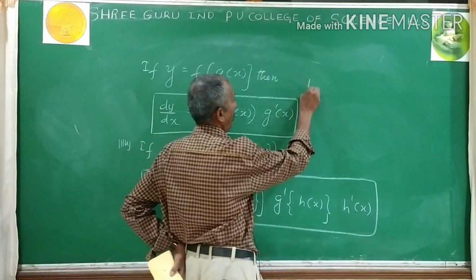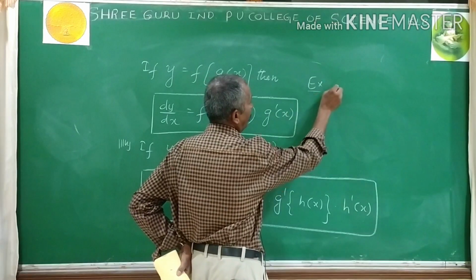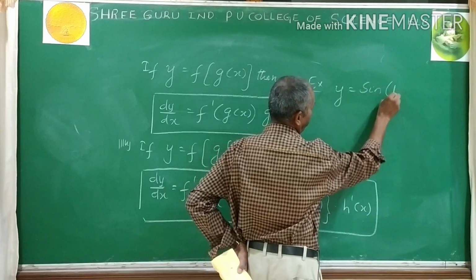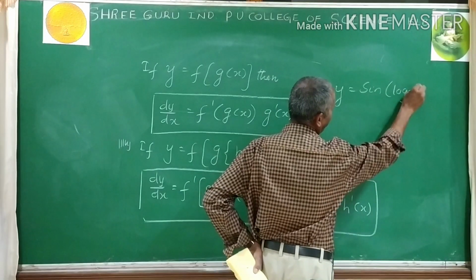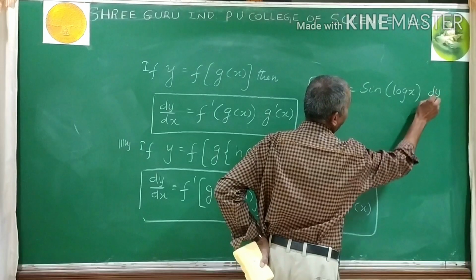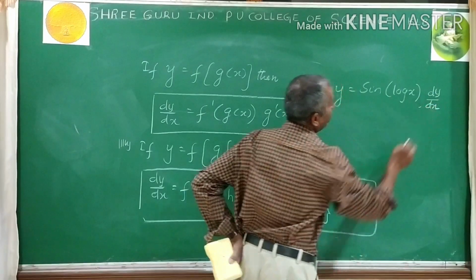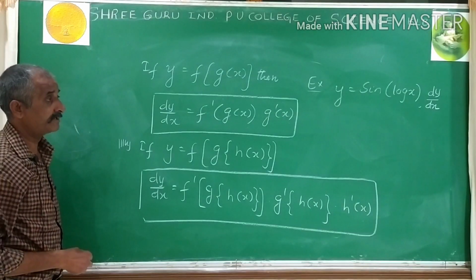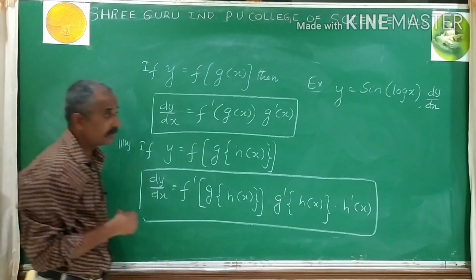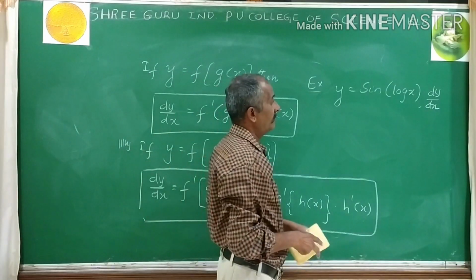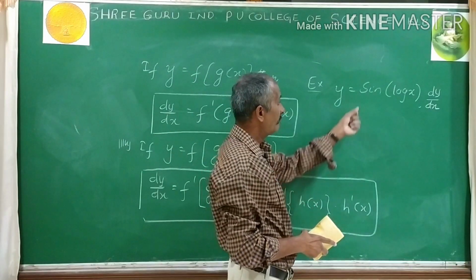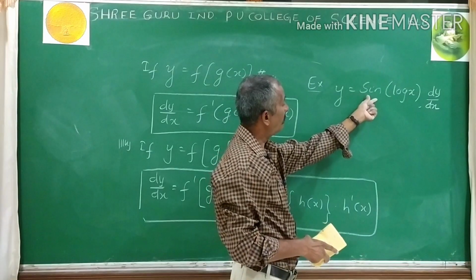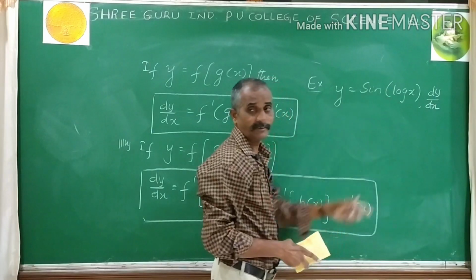For example, if y equals sine of log x, then find dy by dx. And note in mind, we are in composite function differentiation. As I told, when you want to differentiate a composite function, you should be aware of the function arrangement. The first coming function is sine, followed by the next coming function, log.